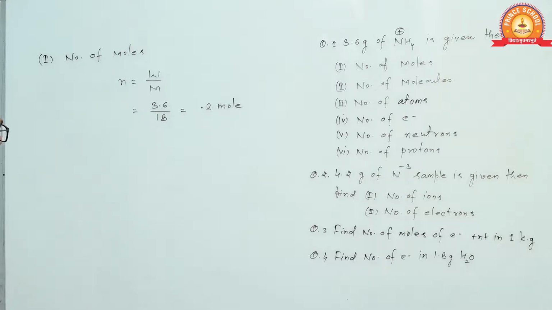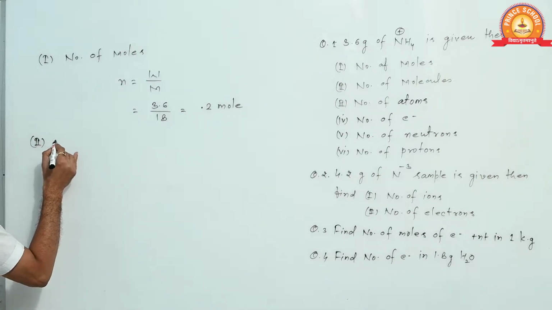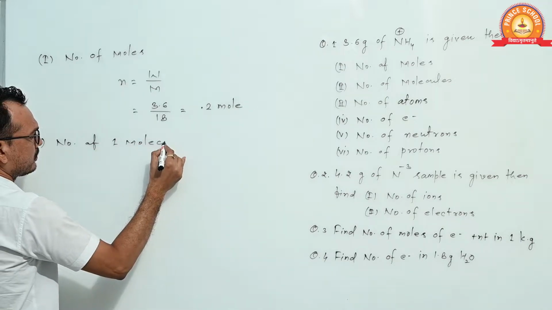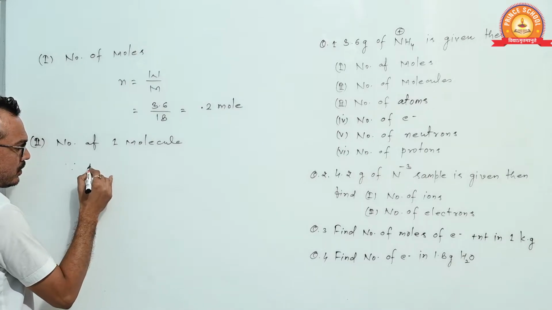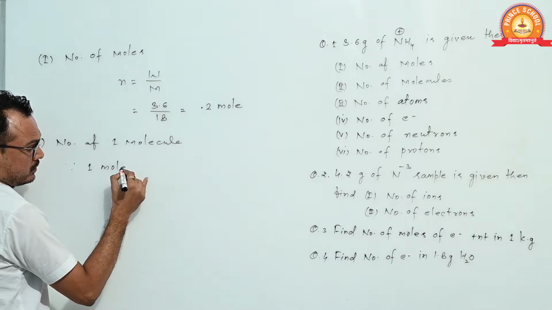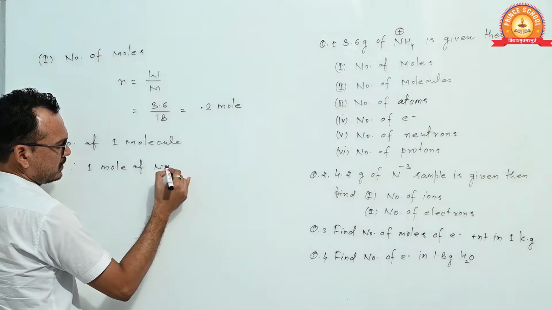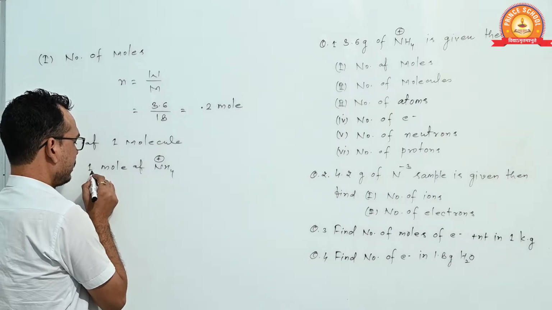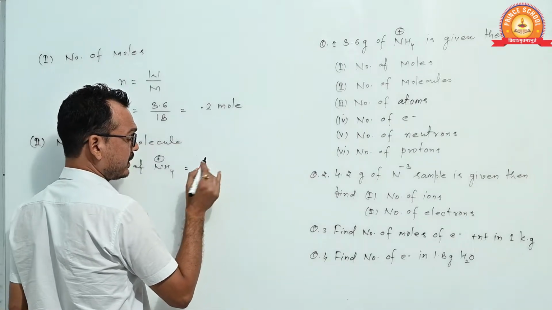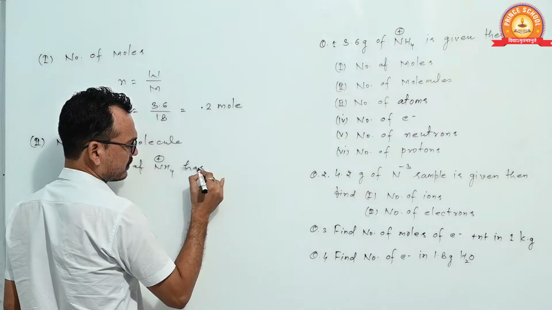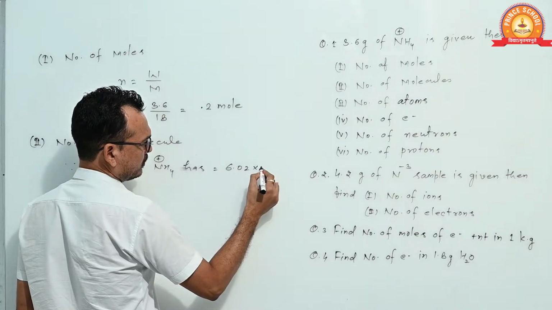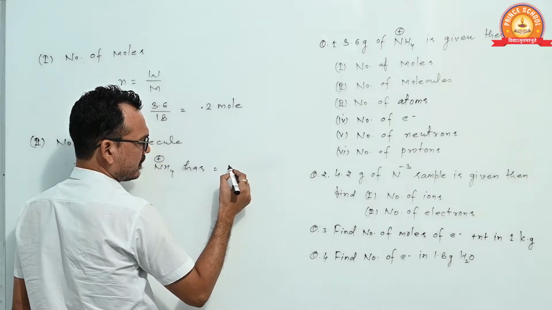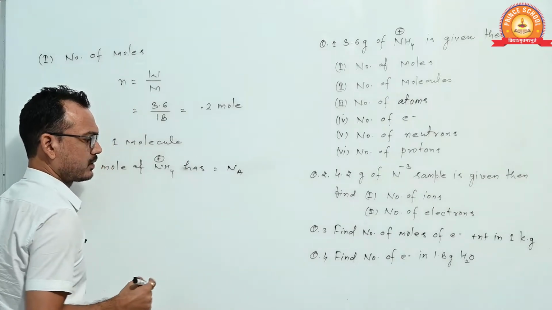Second is the number of molecules. We know that 1 mole of every species, here we consider the ammonium ion, so we can say 1 mole of NH4 plus has 6.02 into 10 to the power 23 molecules, or we can say it is Na molecules. Clear?